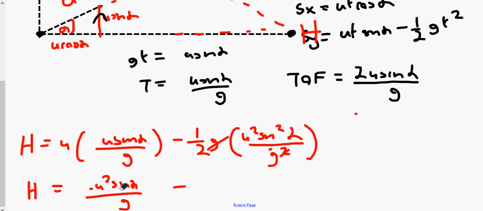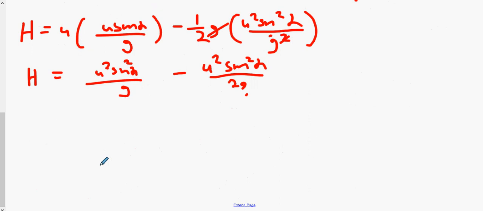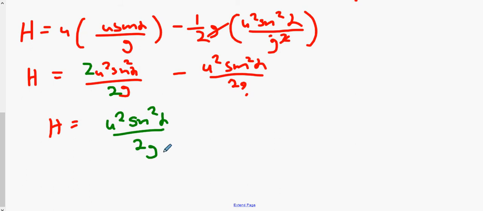It's just u squared sine alpha over g. Make sure you use the correct time when they're both looking you in the face, okay? And then what we should get is u squared sine squared alpha over g minus u squared sine squared alpha over 2g. One take away a half is a half. Give them a common denominator, and you end up with u squared sine squared alpha over 2g. Is that right for the greatest height?